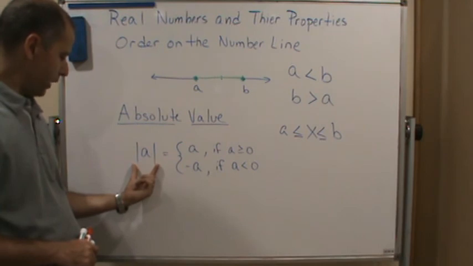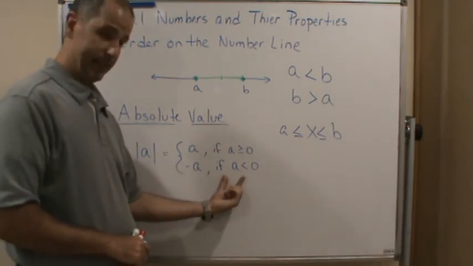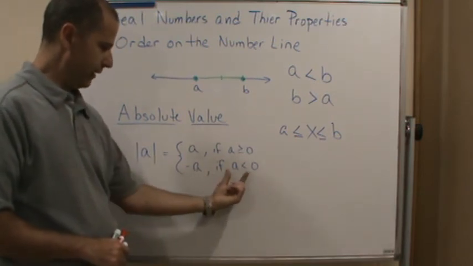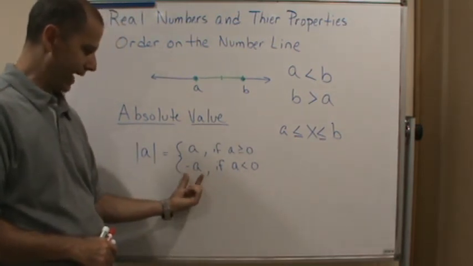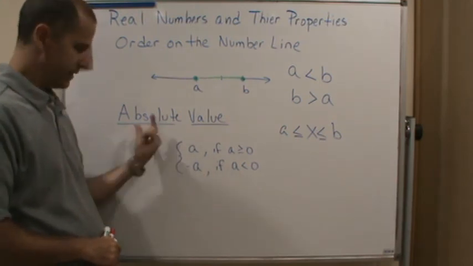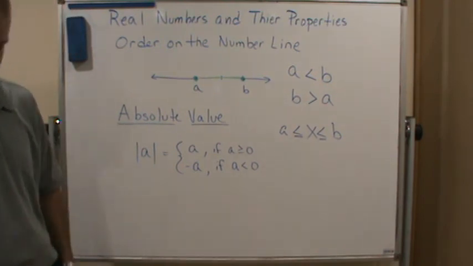And the absolute value of A equals the opposite of A if A is negative. So if I have a negative number, I take the opposite of that and it makes it positive. So that's the definition of absolute value. That's it.